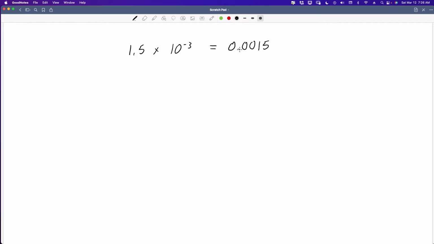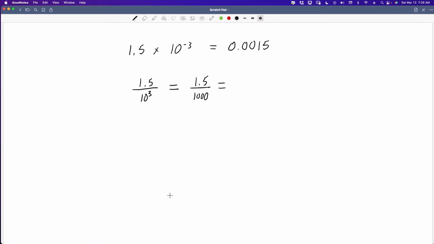But did you know that you can do the inverse operation here and put this in this format and get the same answer? So we know that 10 to the 3 is 1,000.